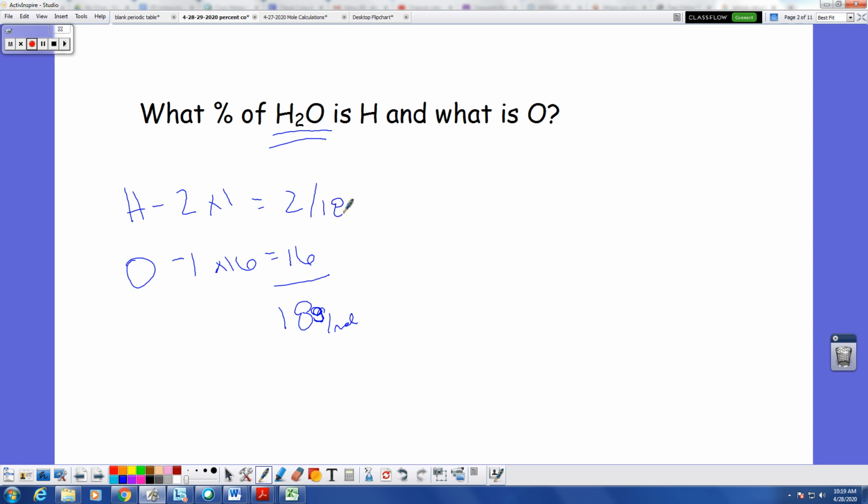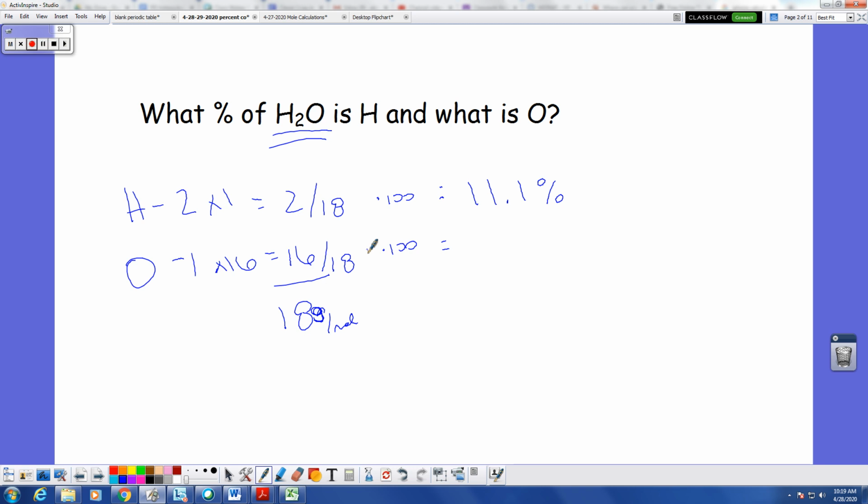So we're going to divide by the total, and we're going to multiply by 100 to make it be a percent. Okay, so 2 divided by 18, that is 11.1%, and we want to do at least 1 decimal on these.